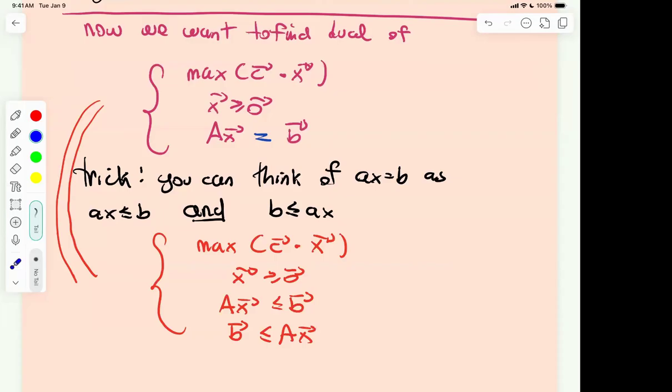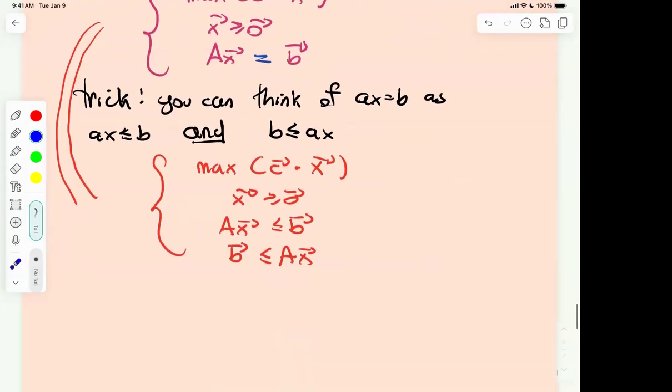Is everyone okay with that? Okay, so we're almost there to take the dual, but to take the dual, you have to have all the variables less or equal. So I have to do a similar trick to what I did a bit earlier. I will multiply both sides of the inequality by -1 to flip it so that I can put the x on the other side.